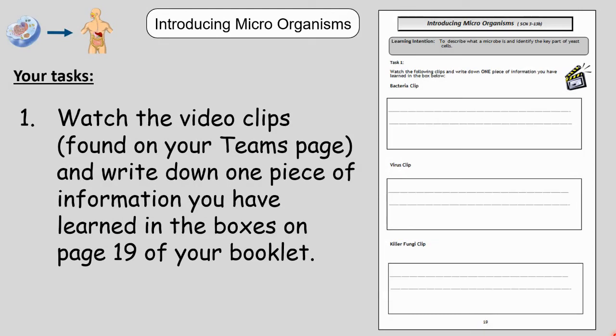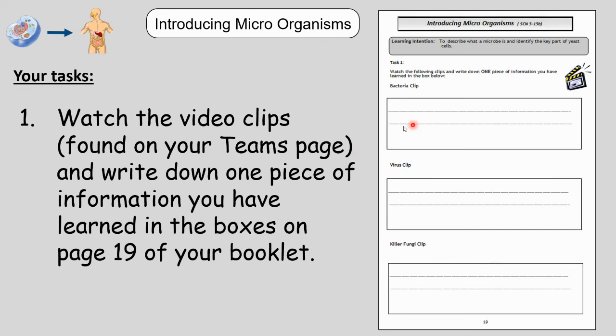So your final tasks for this video, I want you to listen to this carefully. You will need to watch 3 video clips, which are all on the Teams page on the assignment. 2 of them are video clips that are there, they're MP4 files, and one of them is a link to a website. So you have got a video on bacteria, another one on viruses, and a link for killer fungi.